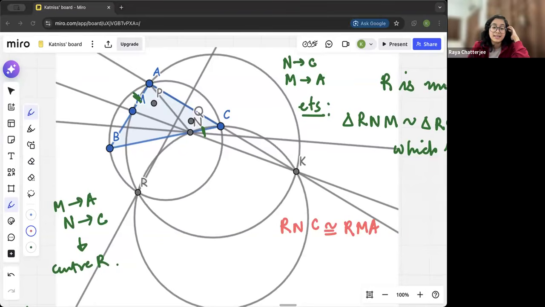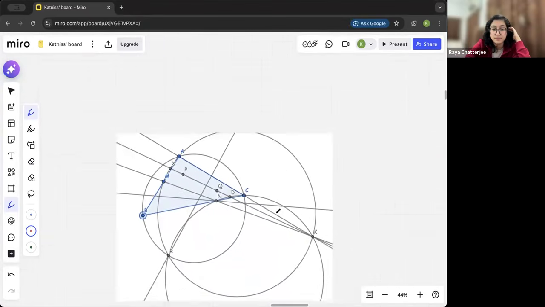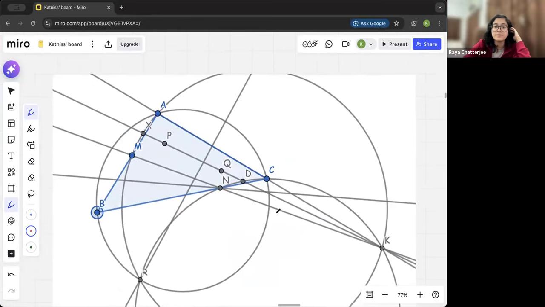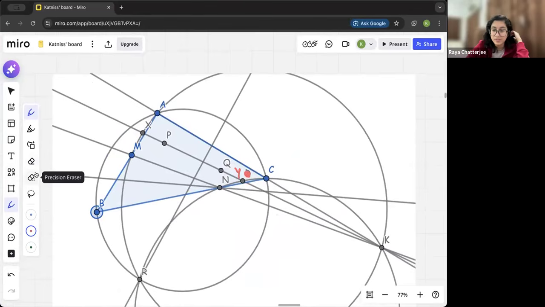Now I will introduce my very famous X and Y points. This might seem a bit weird, but it will not. Not D, this is Y. Sorry, GGB should, I guess.